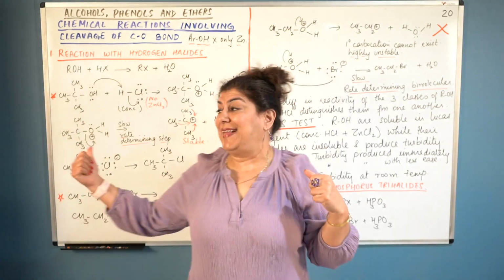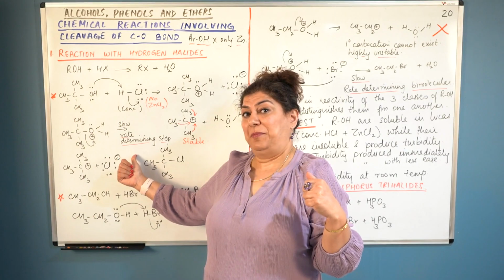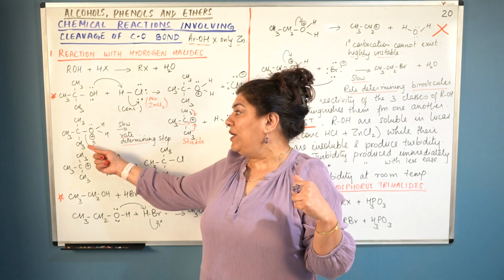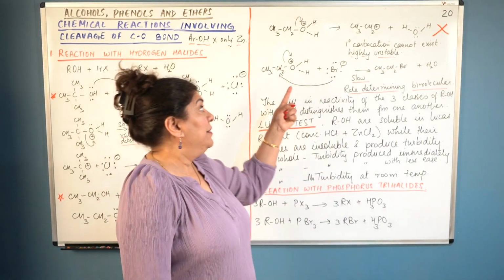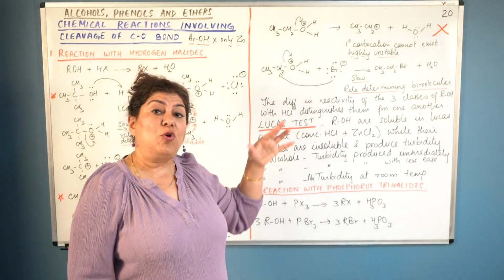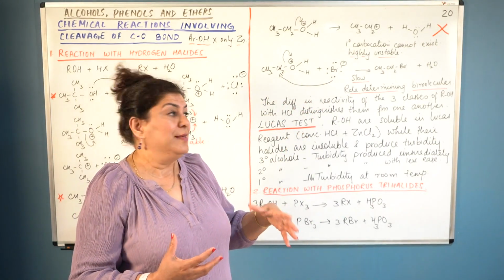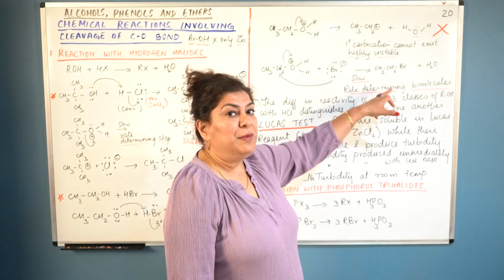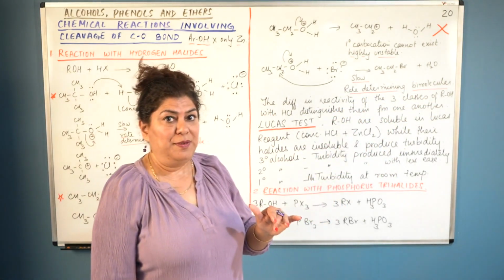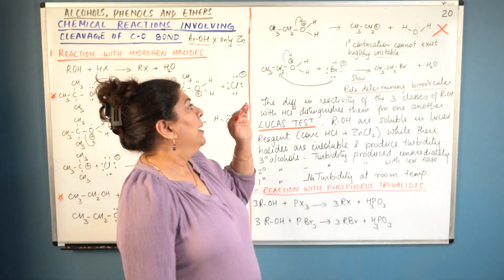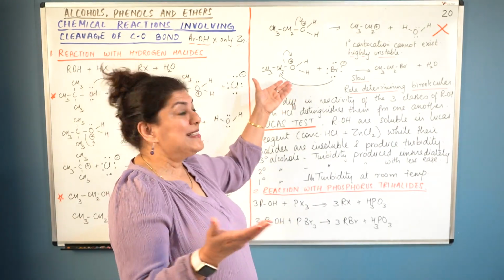It will be slower than the rate determining step here, because in this there was only 1 molecule involved. Here there are 2 molecules involved. So it is called a bimolecular step. So it is a rate determining bimolecular step. So it is very, very slow. But at least it is happening.